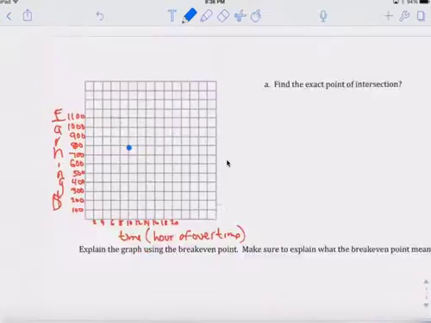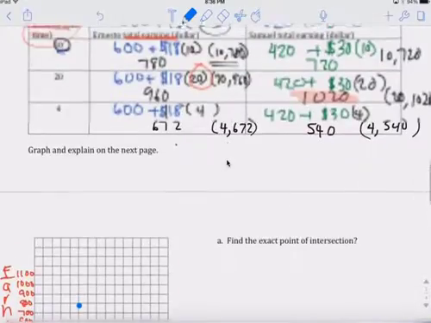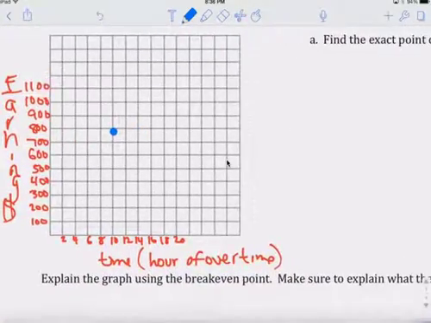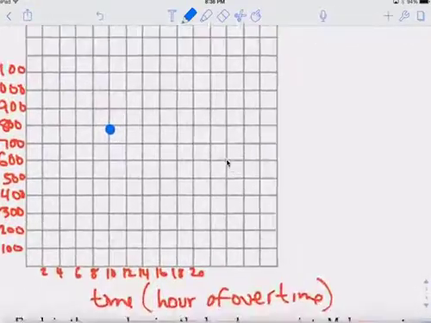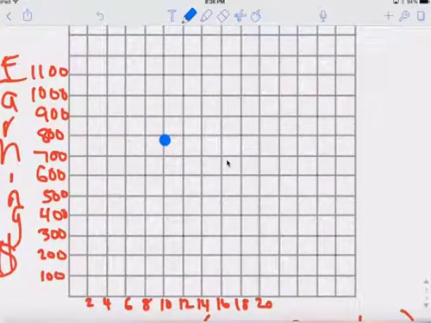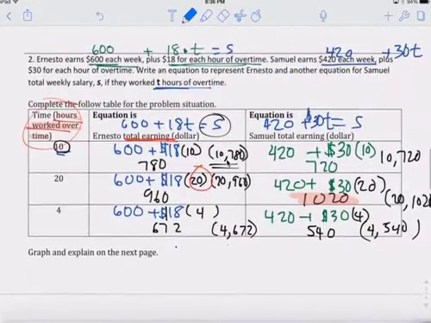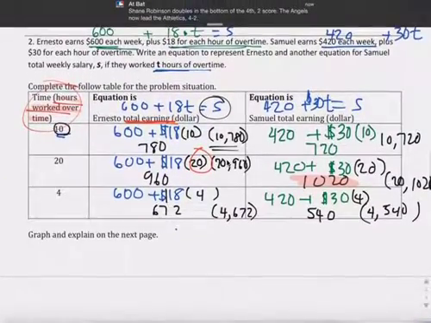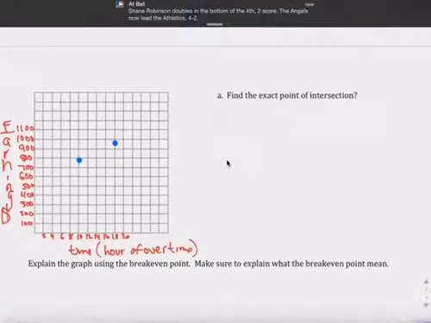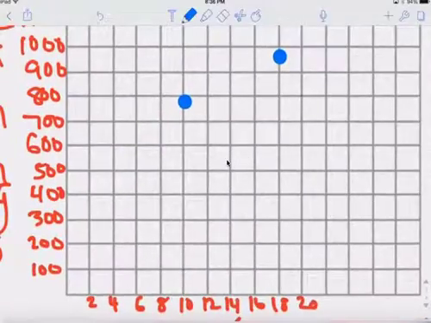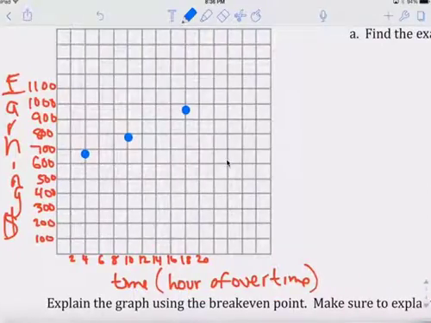And then the next one, you estimate 2,960, about halfway. A little bit more than half. 4,672. Closer to 700. Yeah, that's pretty straight.